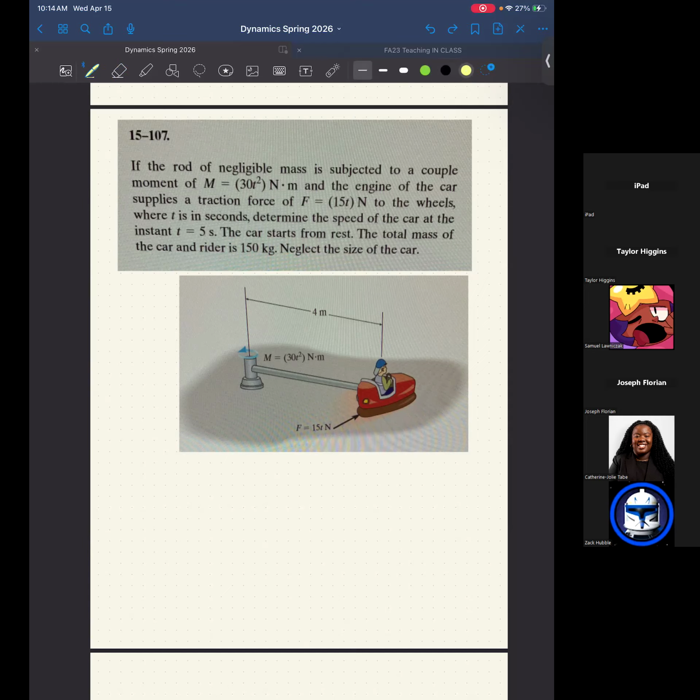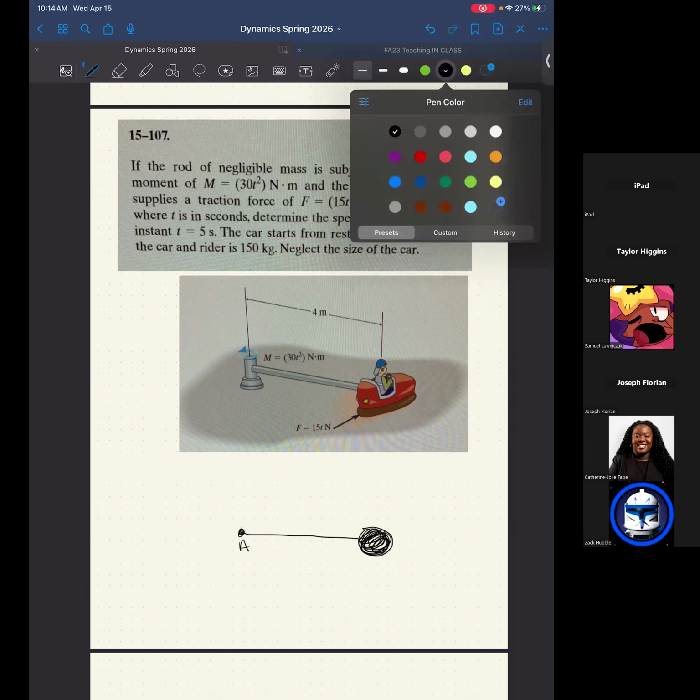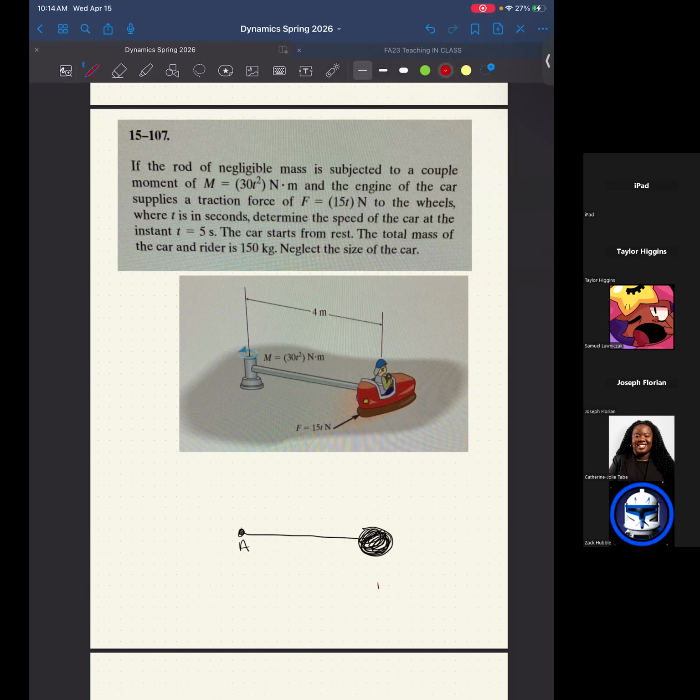So here's the free body diagram that I drew. I said, let's call the center point A just for the heck of it. And we'll pretend that this is just a particle on a massless rod. We'll have force equal to 15t. We'll have this M equal 30t squared.